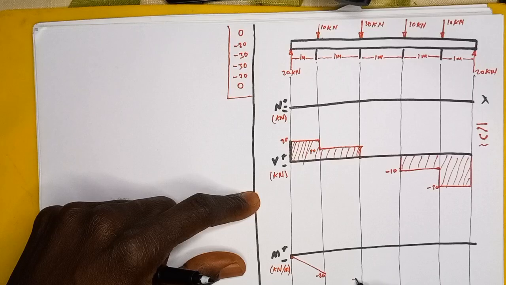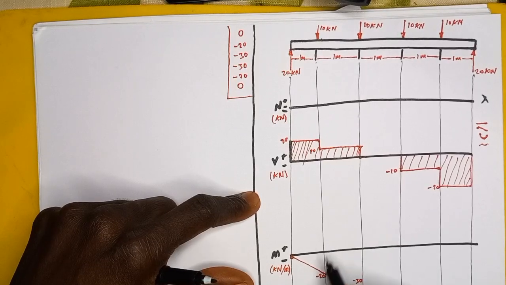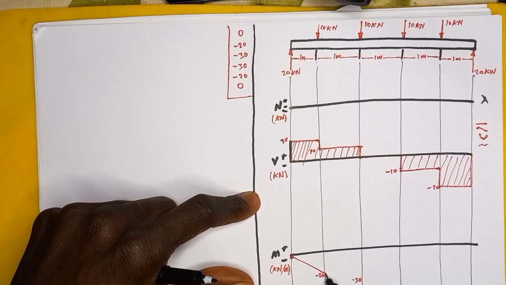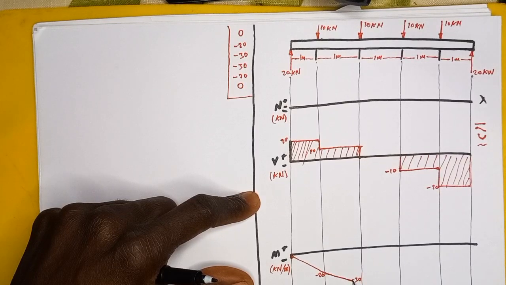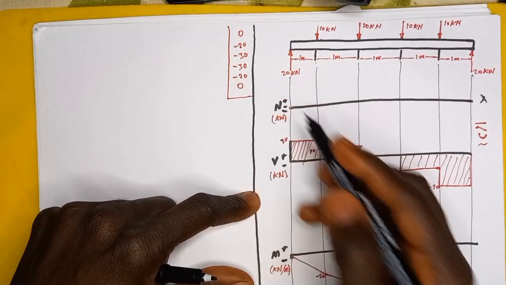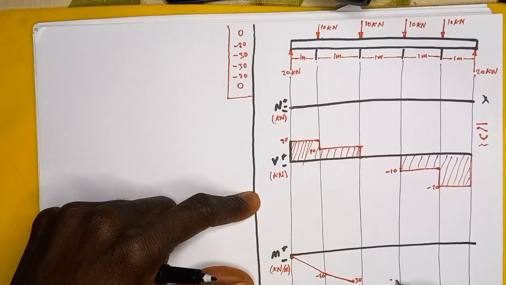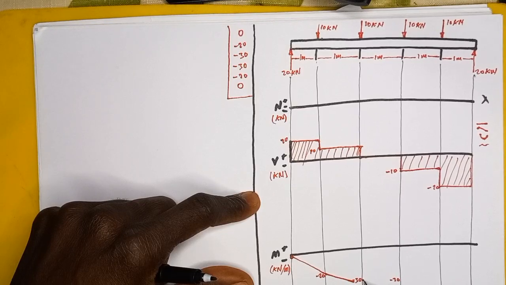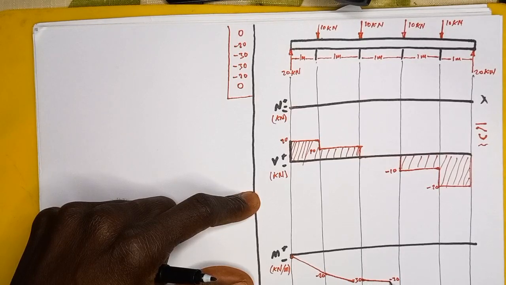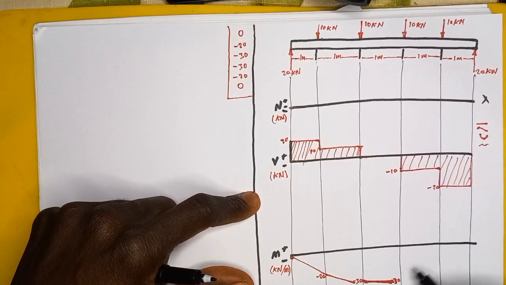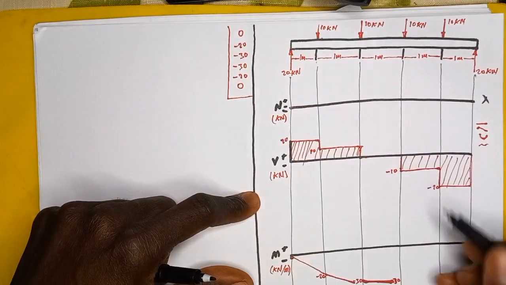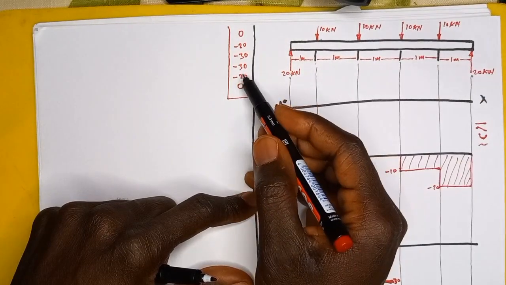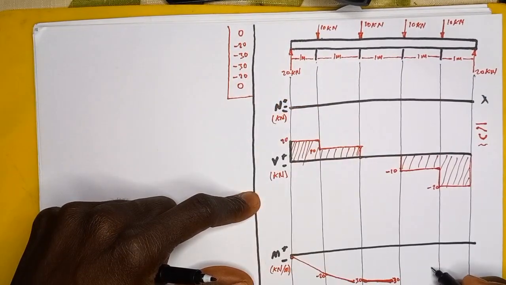We have -30 here, and the graph of that is also an inclined line. So we're going to have an inclined line. In this other section, the next point here is -20, right?